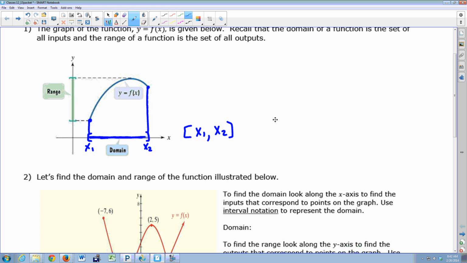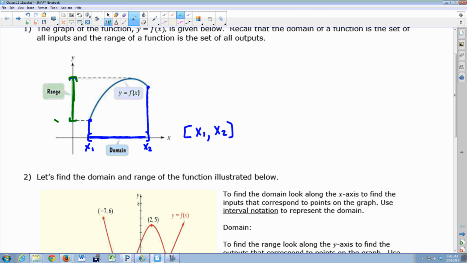Okay. The range is all of the output values. So let's make that green. You look for the smallest y value, which would be right here, and you go up as high as it goes to the highest y value. And everything in between would represent the range.